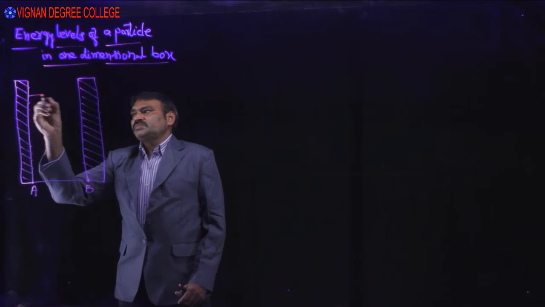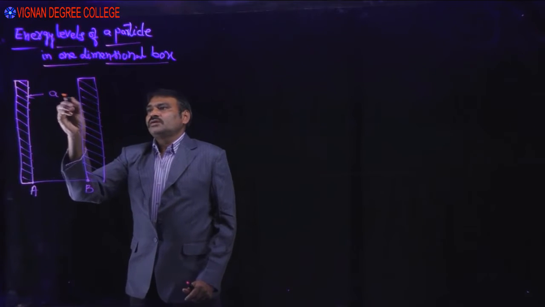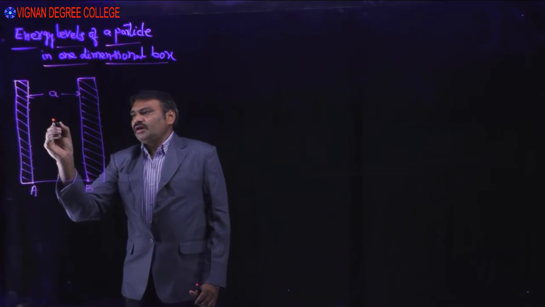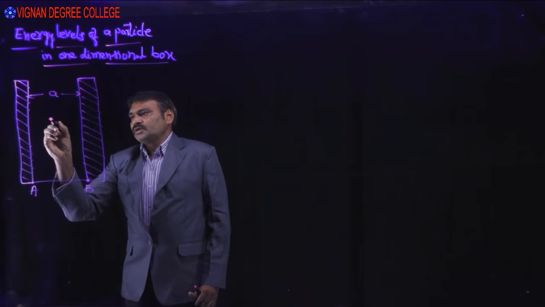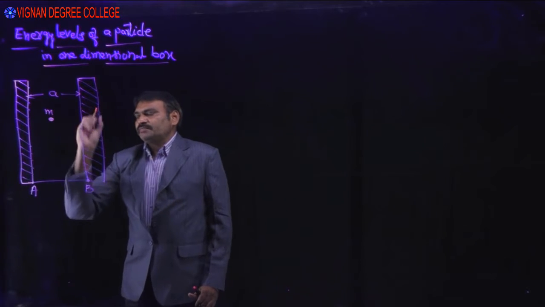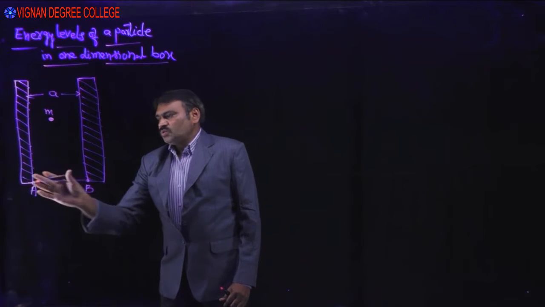The distance between the two walls is a. Consider a particle of mass m. It is free to move between the two rigid walls.